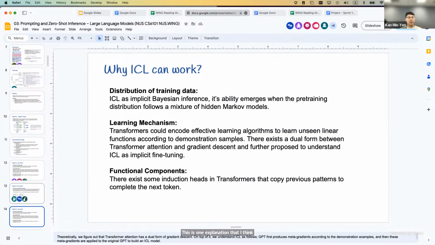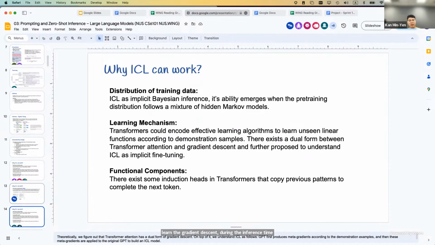And another explanation is the learning mechanism of transformers. They are saying that a transformer can encode a learning algorithm to learn some unseen linear functions. And the transformer can also have the capability to learn gradient descent during inference time.